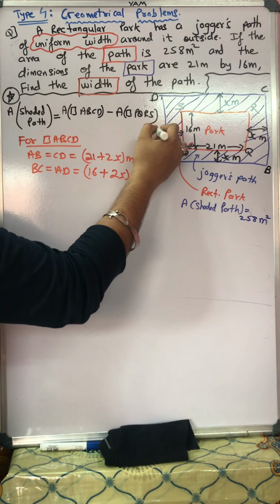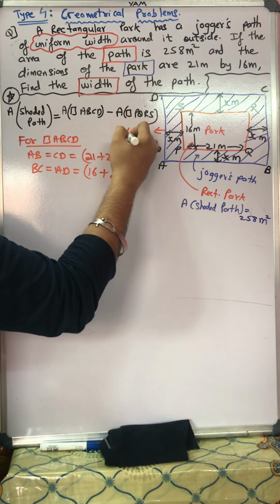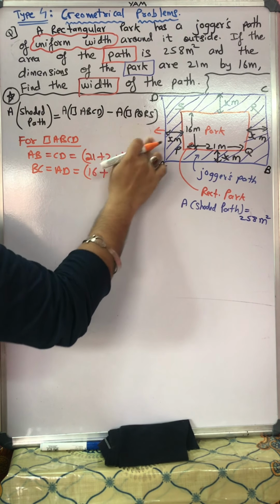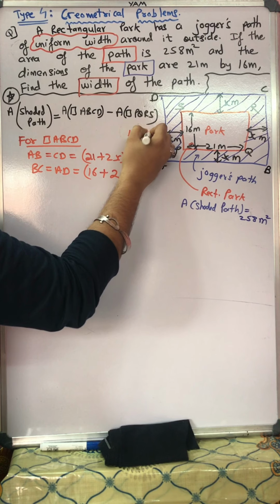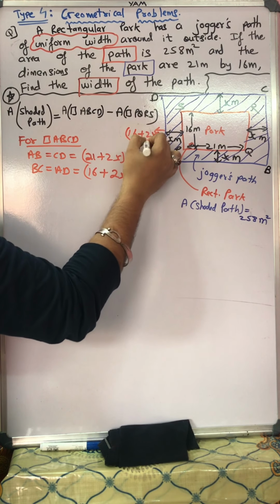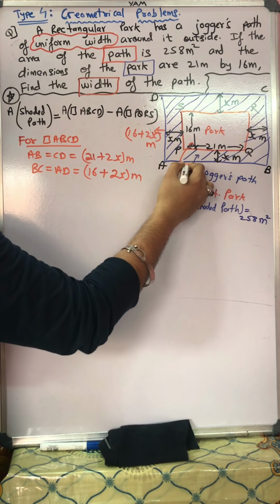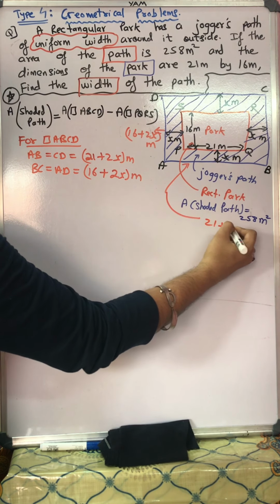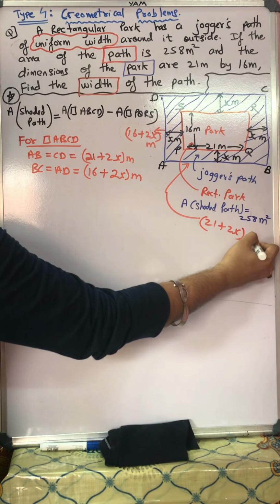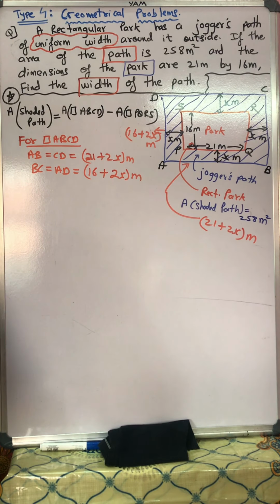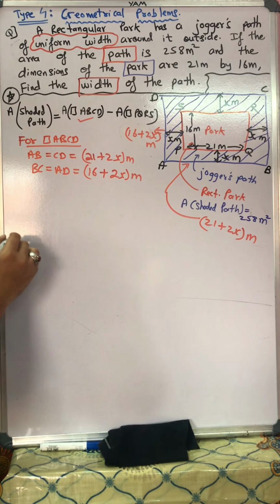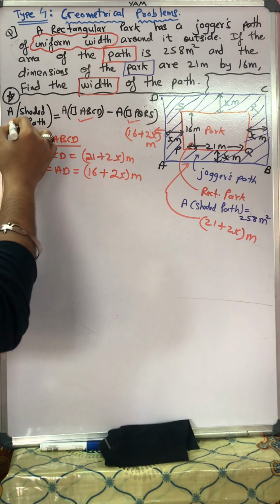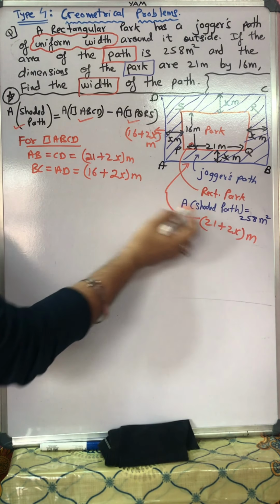For AD, the dimension is 16 plus 2X meters, and the measure of AB is 21 plus 2X meters. So now I got the dimensions of ABCD, and the dimensions of PQRS were given in the question, and I know the value of the shaded path also. The area of the shaded path is 258.